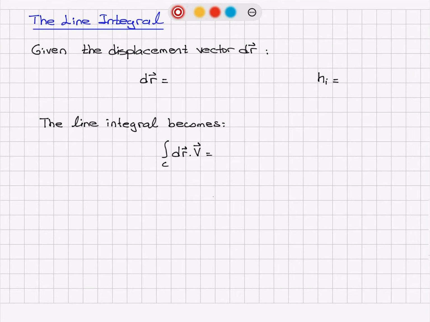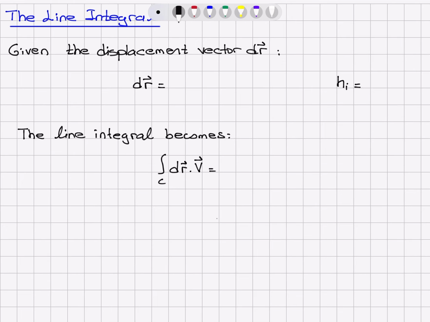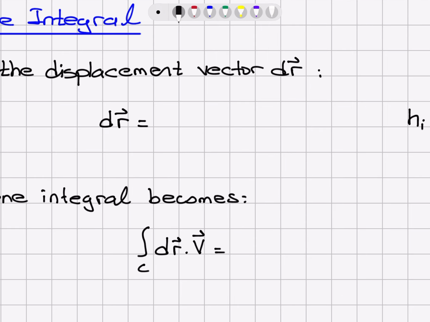The line integral. Now, how do we express the displacement vector in curvilinear coordinates? Using multivariable calculus, we know that this displacement vector is the partial derivative of the position vector with respect to the coordinate qi multiplied by dqi.